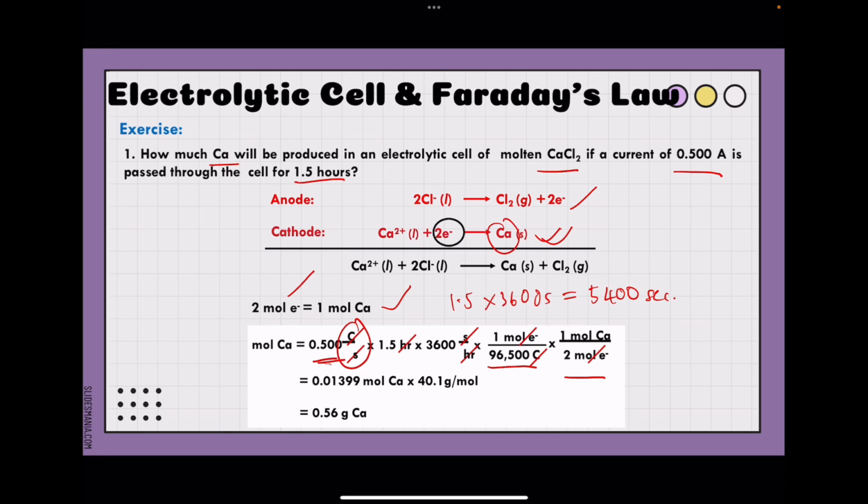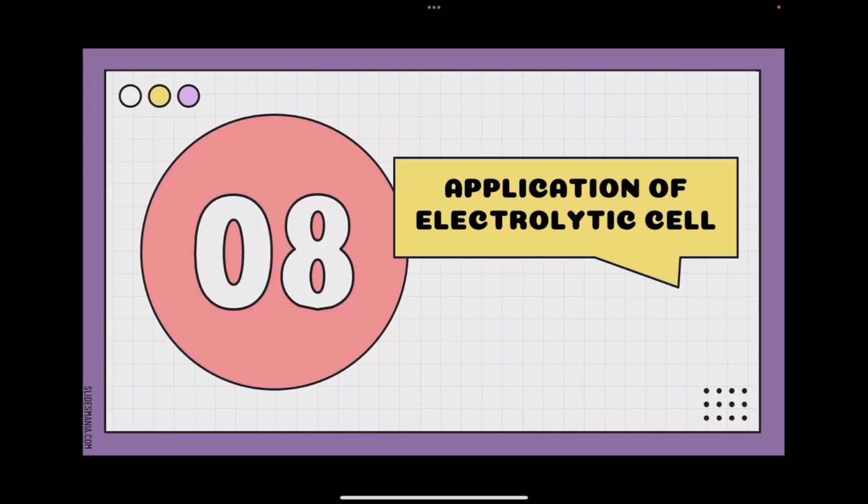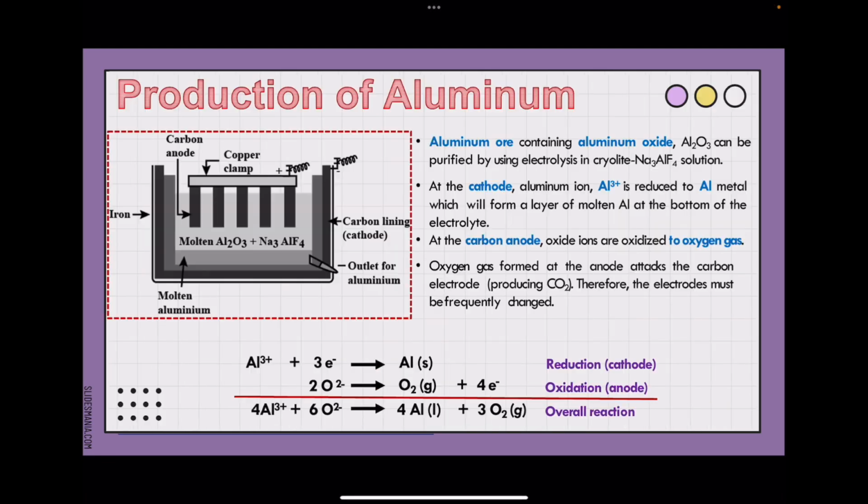You will get the number of moles of calcium produced, which is 0.01399 mole. Final step, multiply the number of moles of calcium with its atomic mass, which is 40.1 grams per mole. Then you will get the mass of calcium produced, which is 0.56 gram of calcium.